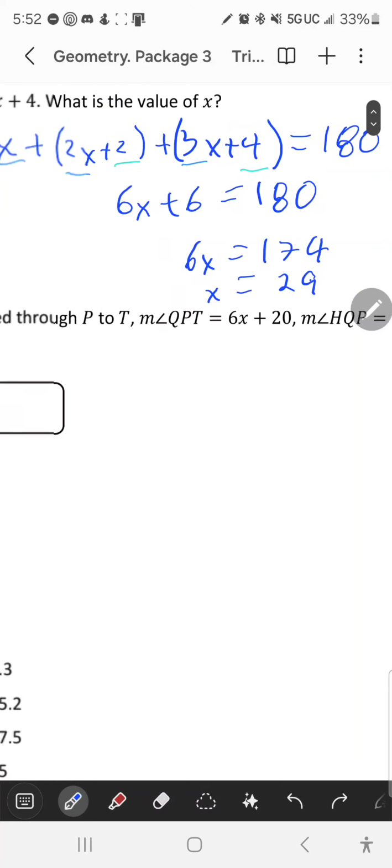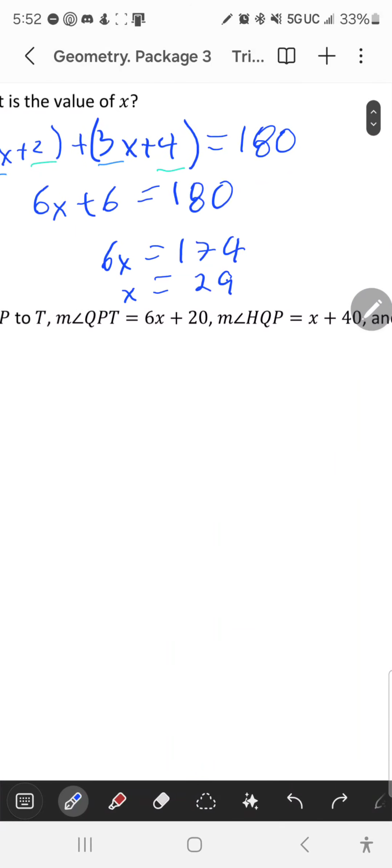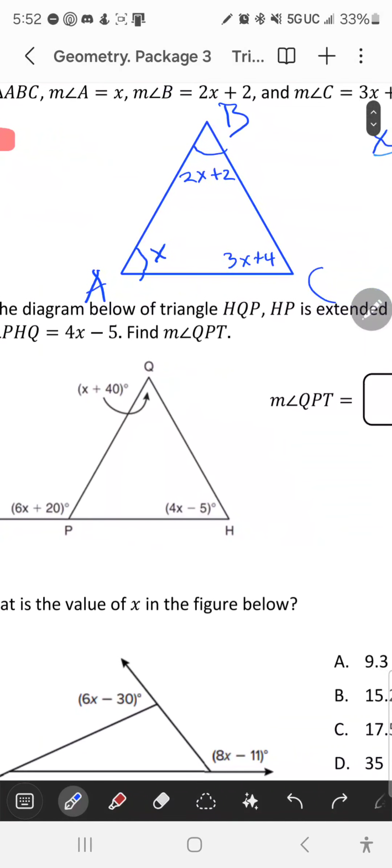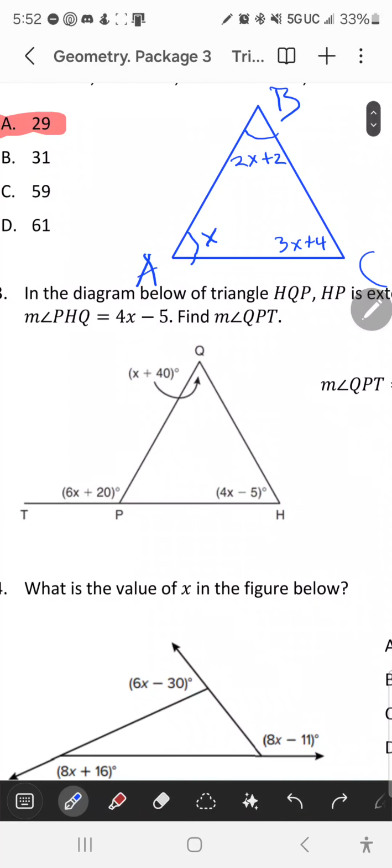And HQP is x plus 40, and PHQ is 4x minus 5. Find the measure of angle QPT.